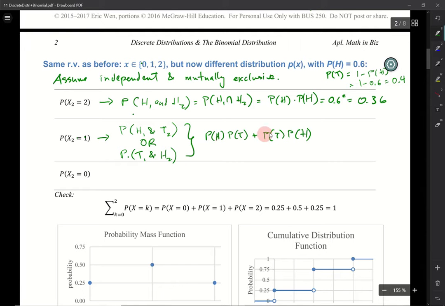Okay, so here we're dropping things a little bit, because we know that they're independent, right? Here this is saying, in order to determine the probability that there's one head on two tosses of a coin, it's heads first and tails second, or tails first and heads second, right? And because each of these is an and, we multiply.